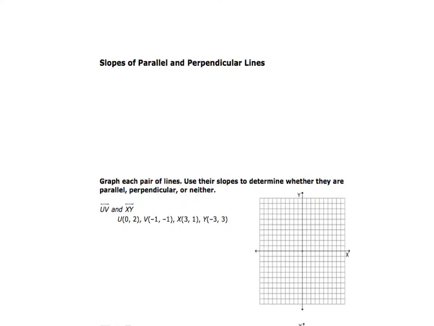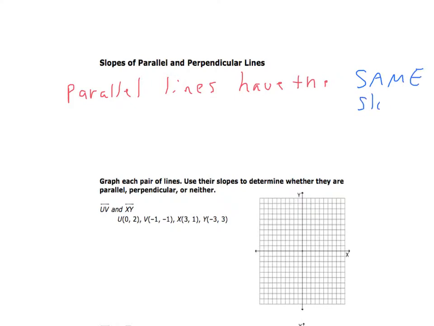Okay, so we're going to talk a little bit about parallel and perpendicular lines slope. Okay, so you'll remember from last year, most likely. The first thing you need to know is that parallel lines have the same slope, whereas perpendicular lines have opposite reciprocal slopes.